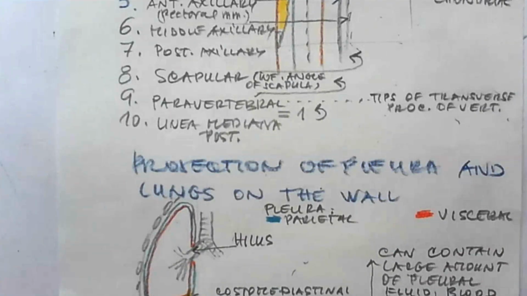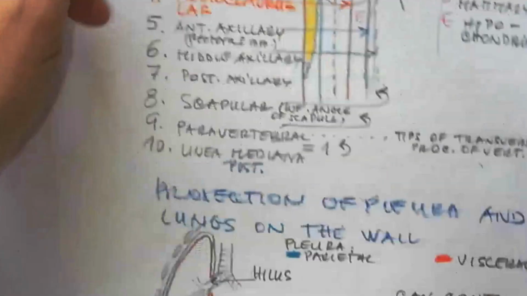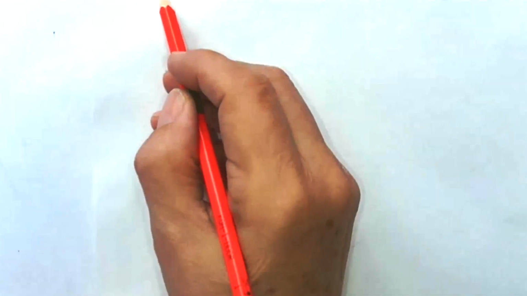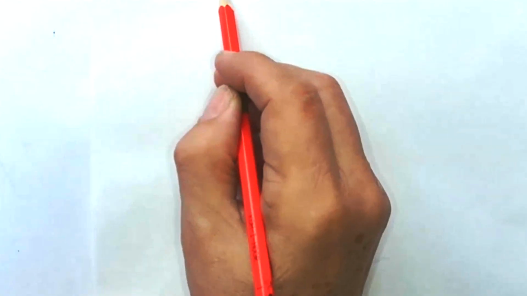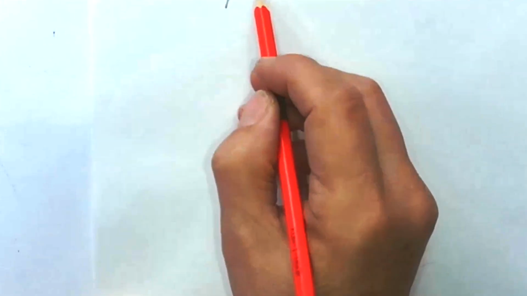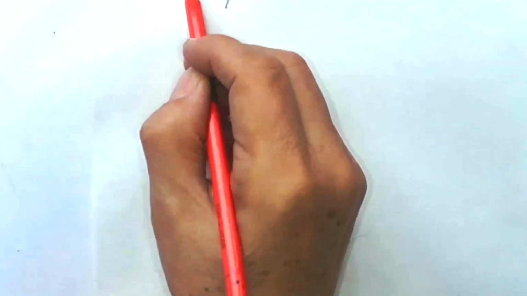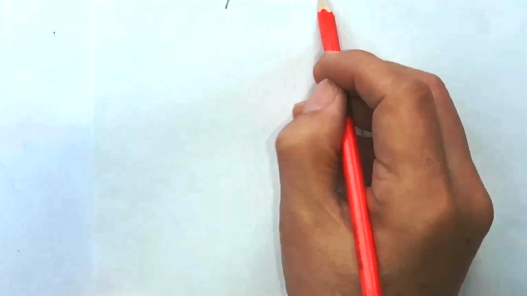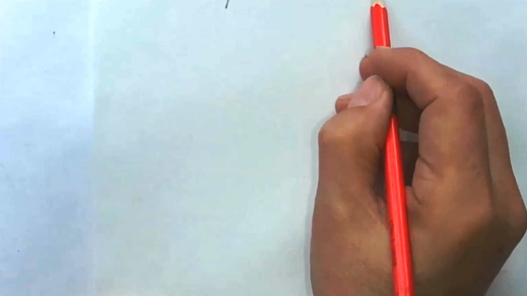One more thing: it would be good to see one superior view, one diagram, which shows a horizontal section through the pleural cavities. Just a sketch.